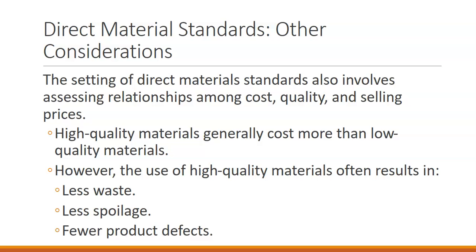However, lower quality materials can create more waste, more spoilage, more product defects. So that's a balance between, do we spend more for materials or do we potentially have costs associated with using low cost materials, such as waste, spoilage, and product defects. So that's something that we have to weigh when we're looking at our standards.